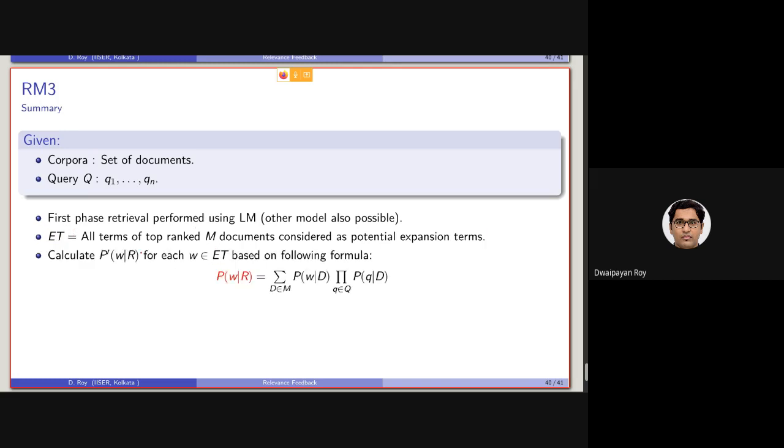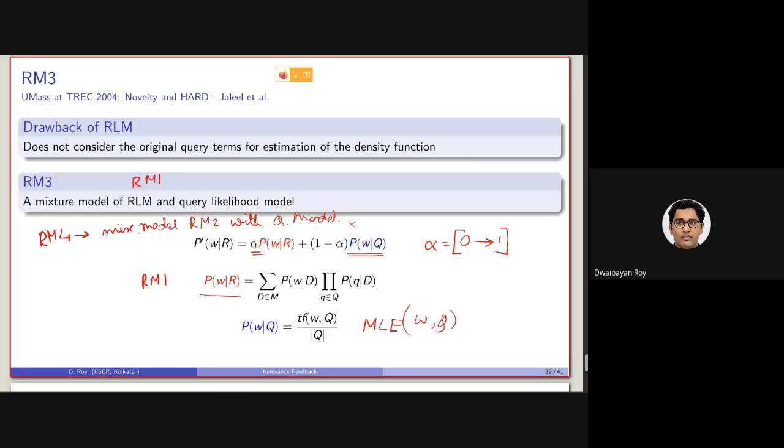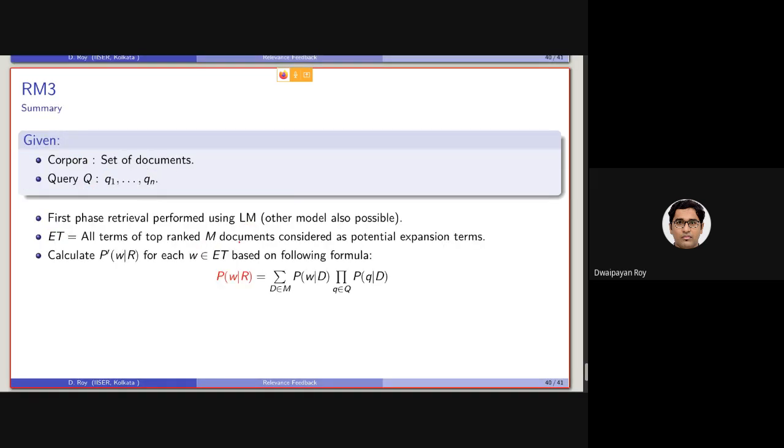Then we'll compute P(W|R) for each term in this ET based on this formula. Sorry, it will be only P(W|R), because we are only considering RM1 here. RM3 will be computed later on. So calculate the RM1 weight for each of the words in ET following this formula.